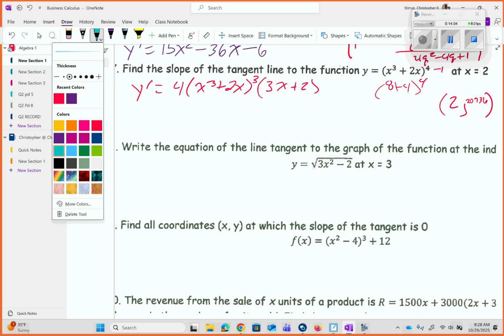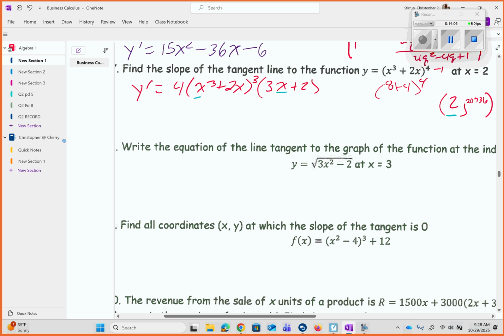So I'm going to plug this 2 in here, and I would say definitely use a calculator for that. So 4 parentheses 2 raised to the 3rd plus 2 times 2 is 4, and then raise the whole thing to the 3rd, and then 3 times 2 is 6. 6 plus 2 is 8.